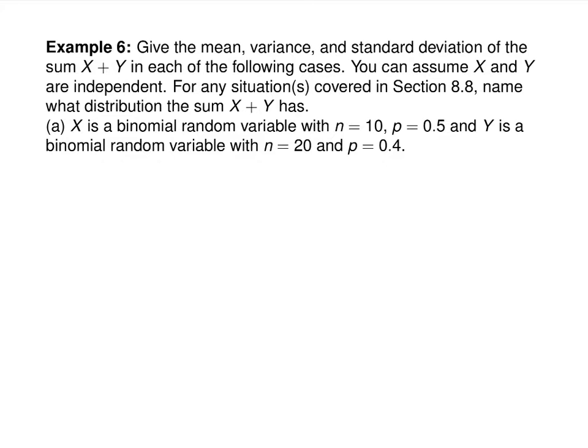So suppose you know that X is binomial, N is 10, P is 0.5, and Y is also binomial with N equals 20 and P equals 0.4. First of all, is X plus Y binomial, yes or no? No. X plus Y is not binomial, and that's because the P's are different.